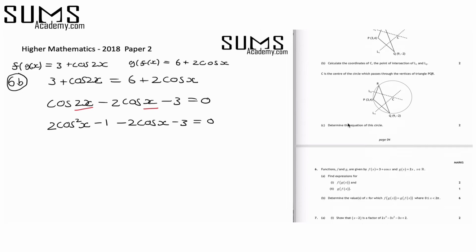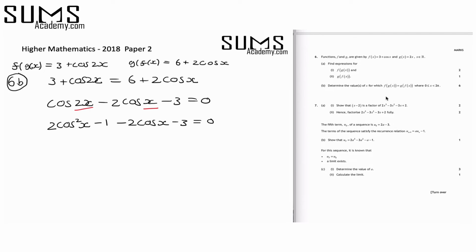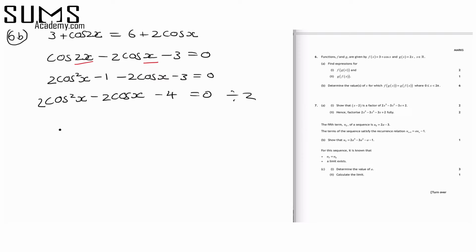Let's go back down to the question. So now we can simplify this. We have 2 cos squared x minus 2 cos x minus 4 equal to 0. We can divide this whole expression by 2. So this then becomes cos squared x minus cos x minus 2 equal to 0.